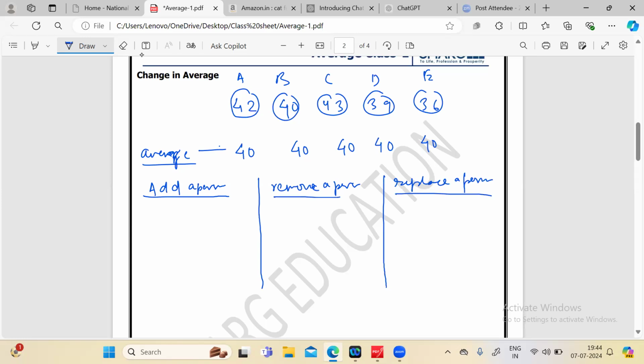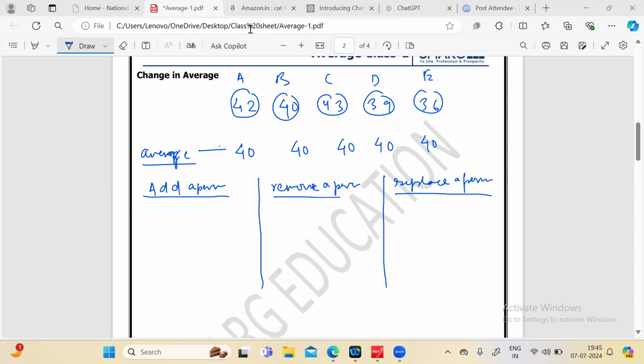Is there any other way in which we can make a single change? Can anyone suggest? Is there any way to change the group? Tell me. Any other way? Or are these the universal ways?